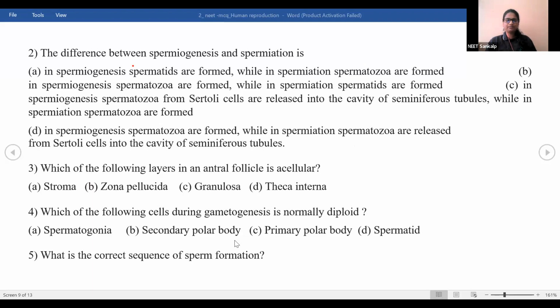Nagalambika, option B. Fine. So let me explain first, then I will ask these questions.